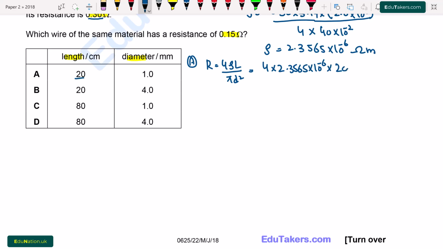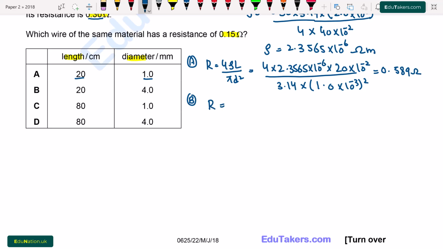So here will be 20 into 10 power minus 2 divided by 3.14 multiplied by d square, which is 1.0 into 10 power minus 3 square. So resistance will be equal to 0.589 ohms.